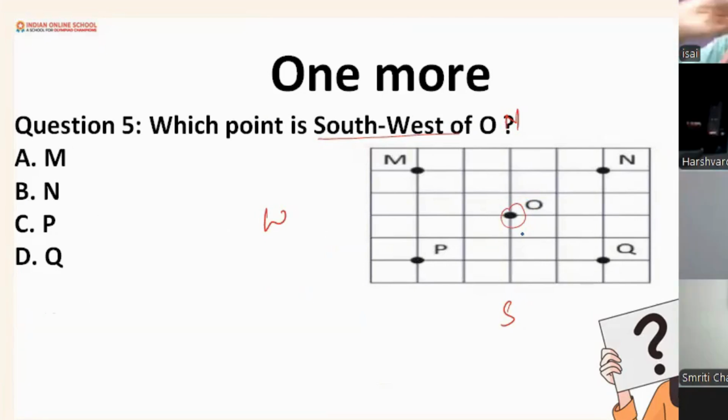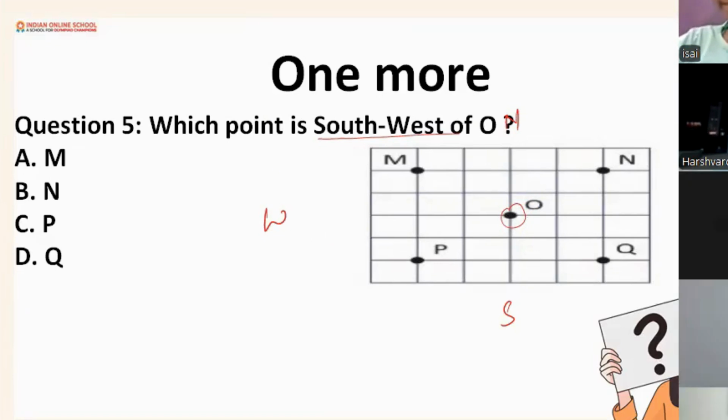Southwest of O. Yes, ma'am, that is P. Are you sure, everybody? That needs to be P? Yes? Is P a correct answer, everyone? Yes.